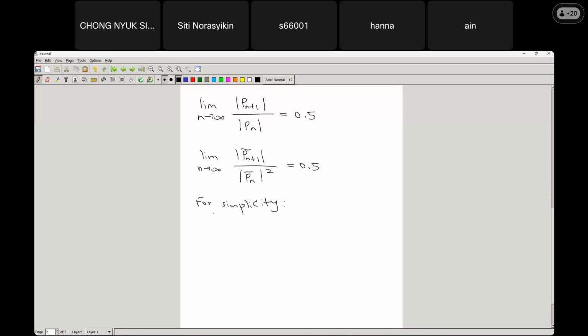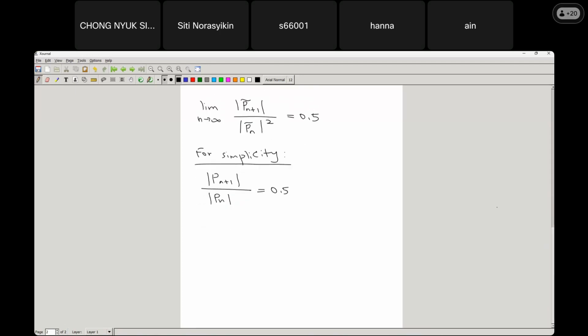So first, Pn+1 divided by Pn is equal to 0.5. I move this Pn to this side, so I have Pn+1 is equal to 0.5 Pn.